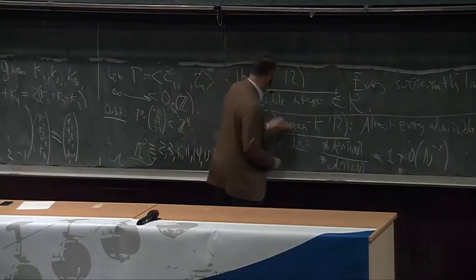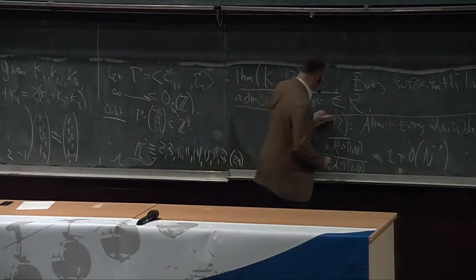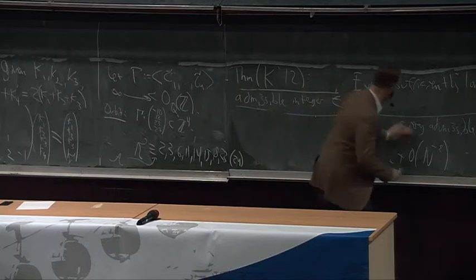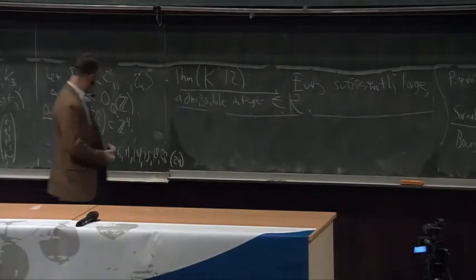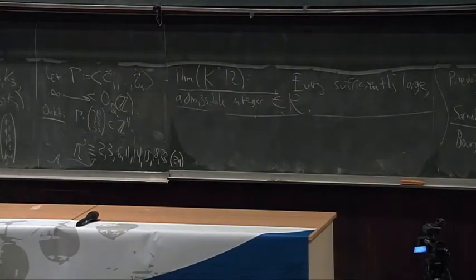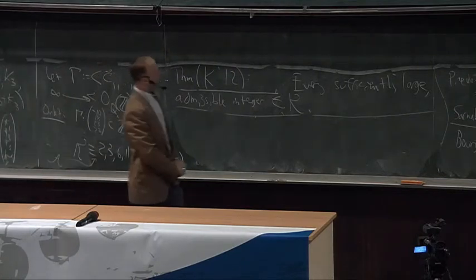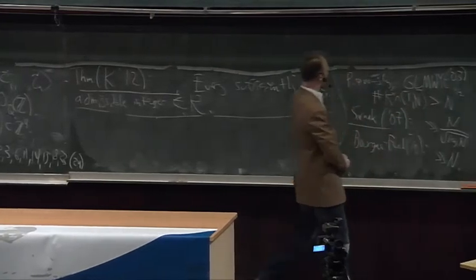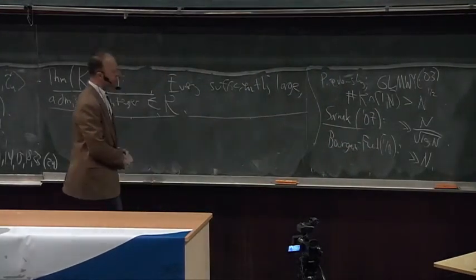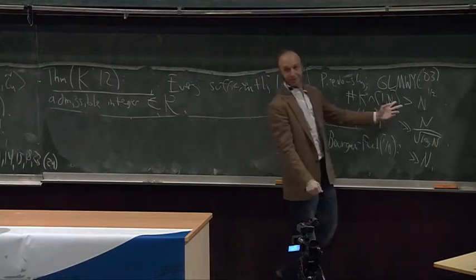Okay. Let me try to say a word about where these are coming from. Well, these theorems are coming from special elements. It turns out that the group has unipotent elements.